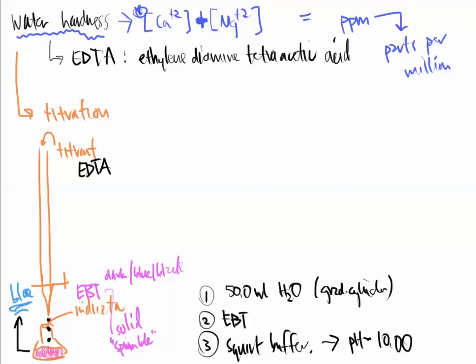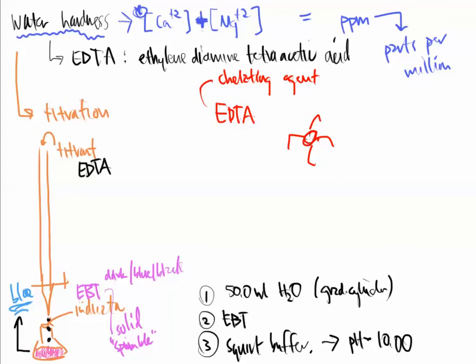Alright, so let's take a look at EDTA and what it really does. EDTA is called a chelator, or a chelating agent. It is a molecule that has these fingers hanging off of it. EDTA stands for ethylene diamine tetraacetic acid.